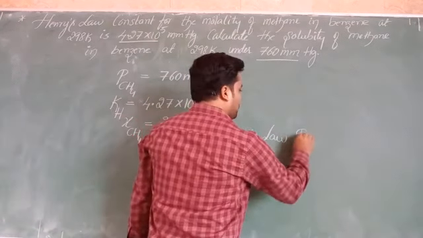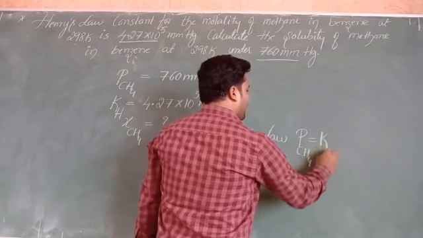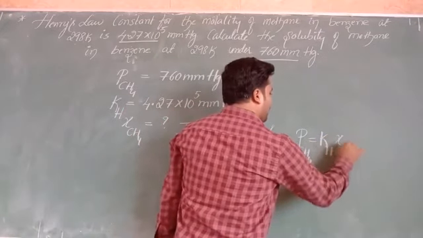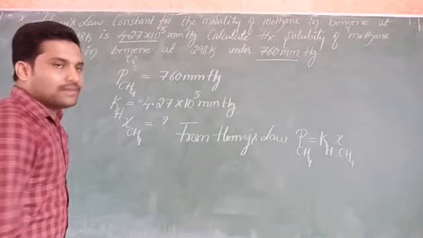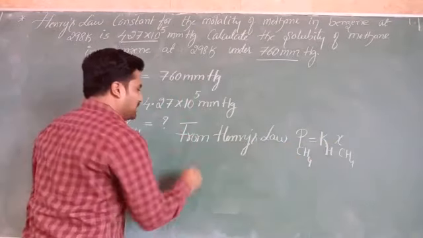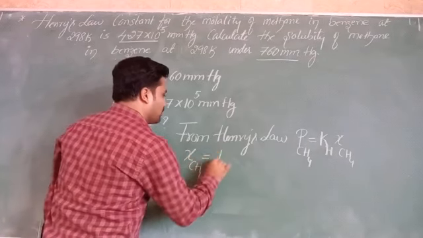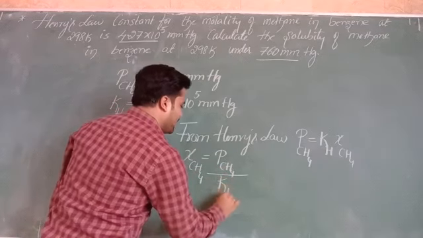So that means P of CH4 is equal to Kh, here it is a constant, times X of CH4. So this is the formula for this particular problem. Now we need to calculate the solubility of methane. That means X of CH4 is equal to P of CH4 divided by Kh.